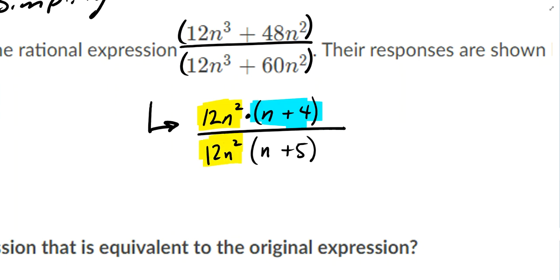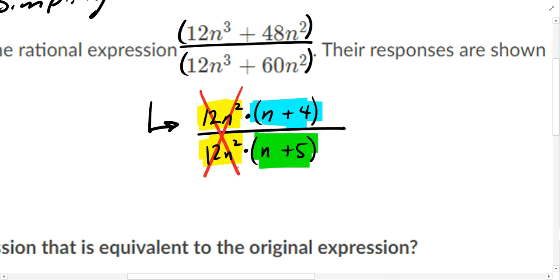Now we've got two separate terms in the denominator, separated by a multiplication sign. Here's the time when we are permitted to cancel these two terms. The 12n squared divided by 12n squared factors to the number 1, and those can essentially cancel. But again, this is only done because of the separation by a multiplication symbol, not because of addition.